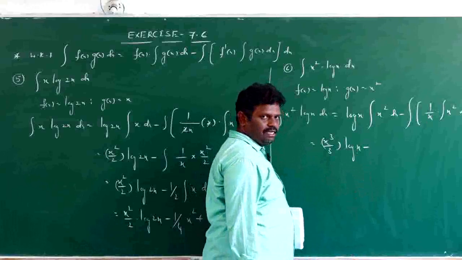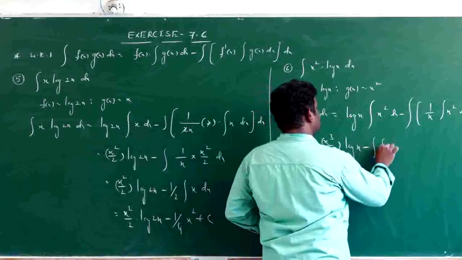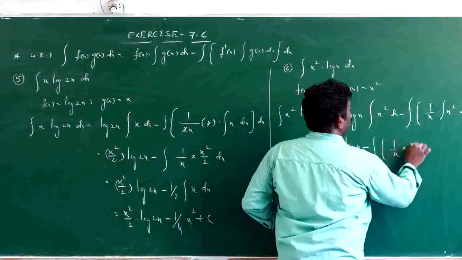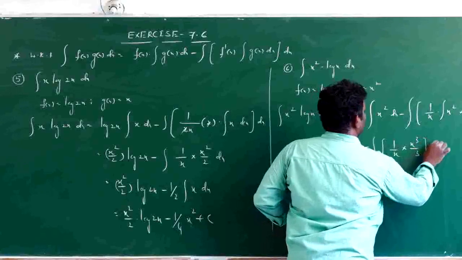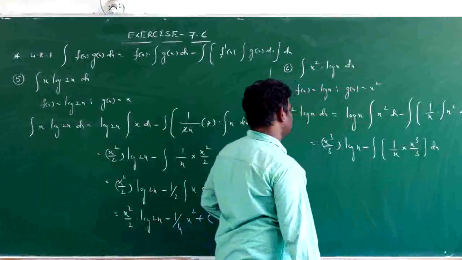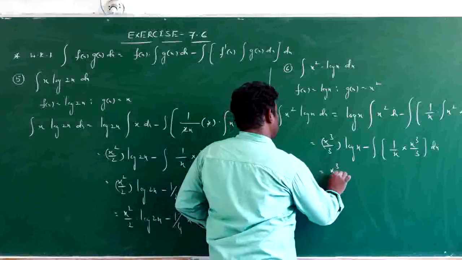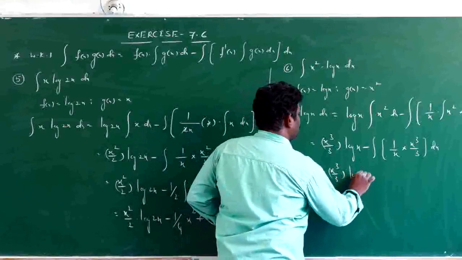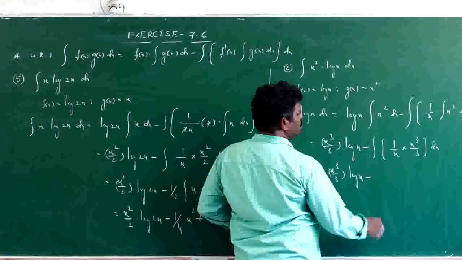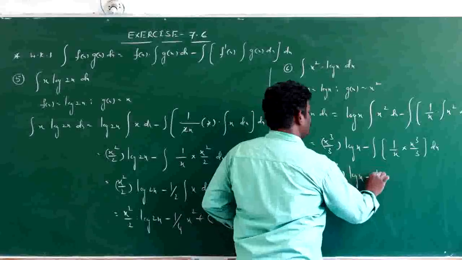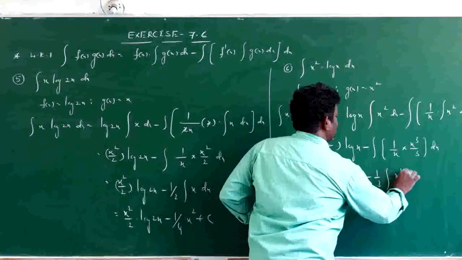log x minus integral of 1 by x into x cube by 3 into dx. Again here x square cancels, so x cube by 3 into log x minus, x square cancelling, 1 by 3 common integral x square dx.